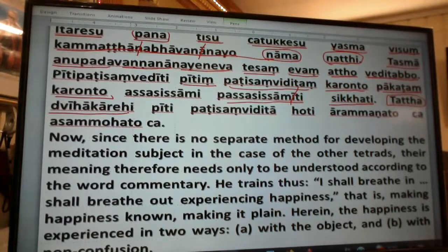Dvihakare is Dvihi plus Akare, two words combined. Dvihi is two, Akare is aspect: two kinds of aspect, two ways. Piti Pati Samvedita hoti.